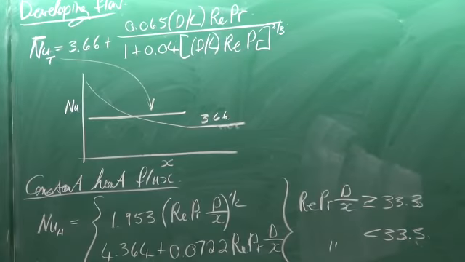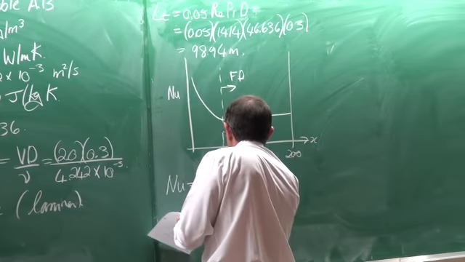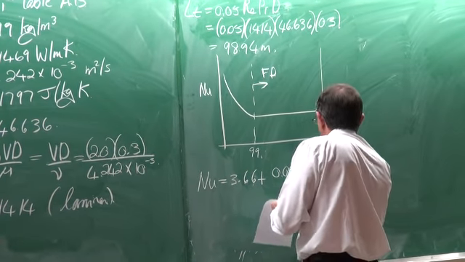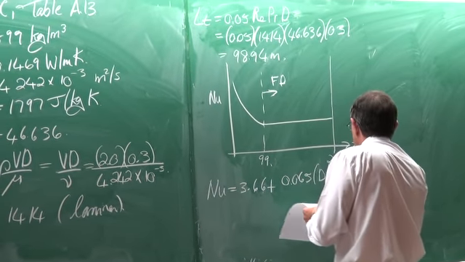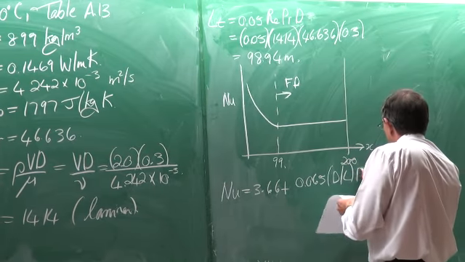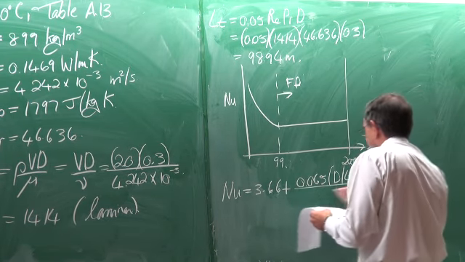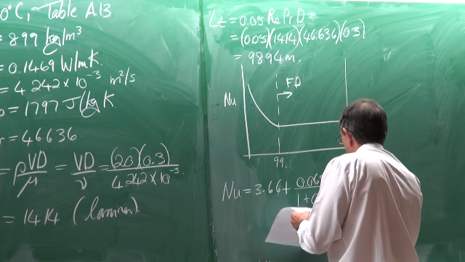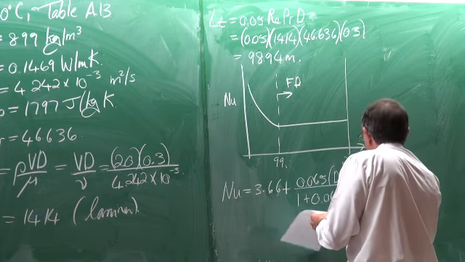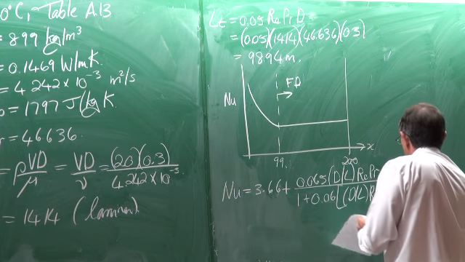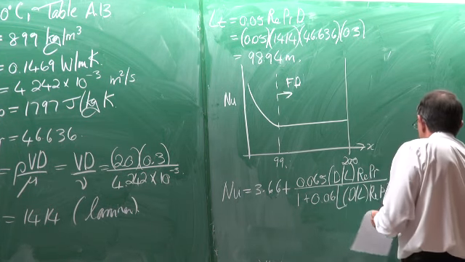So the Edwards equation is: the Nusselt number is equal to 3.66 plus 0.065 multiplied by D divided by L multiplied by the Reynolds number and the Prandtl number, divided by 1 plus 0.06 multiplied by D divided by L, Reynolds number, Prandtl number, to the 2/3.